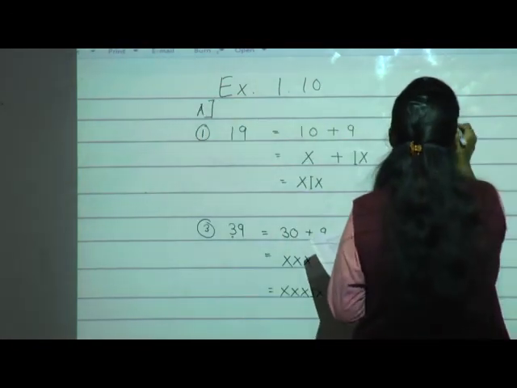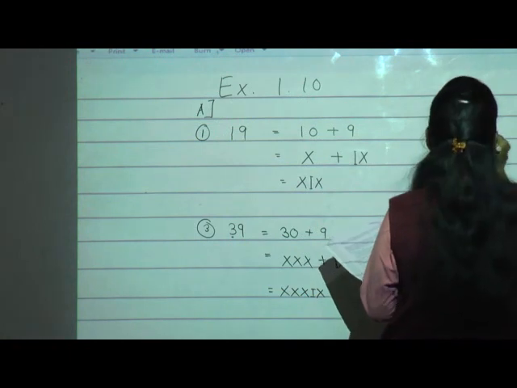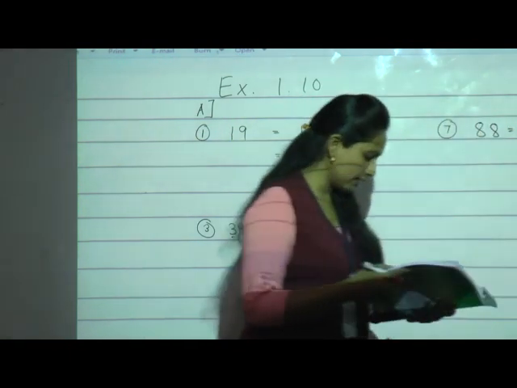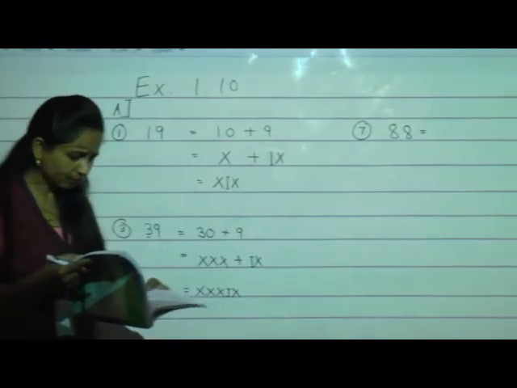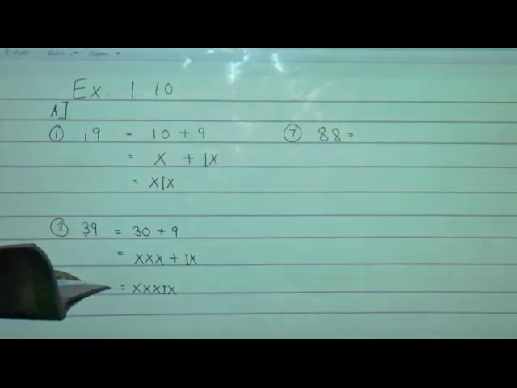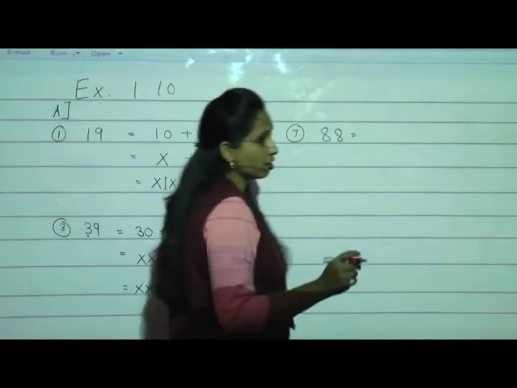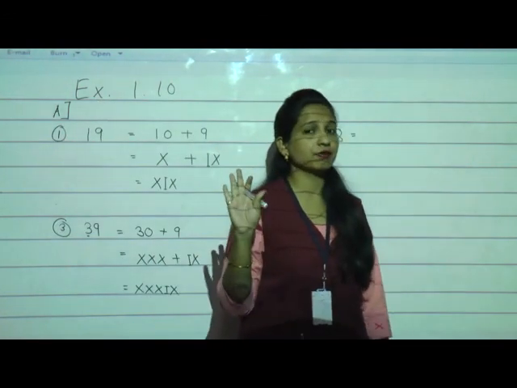Now I will solve the 7th one. What is the 7th question? 88. Okay. Now see, the question 88 is there. First we have to expand this number 88. See how I am going to explain. Just keep in your mind 5 letters. Which are those?